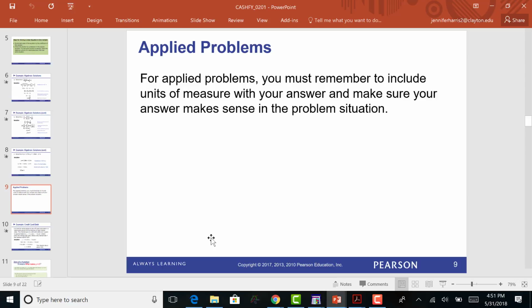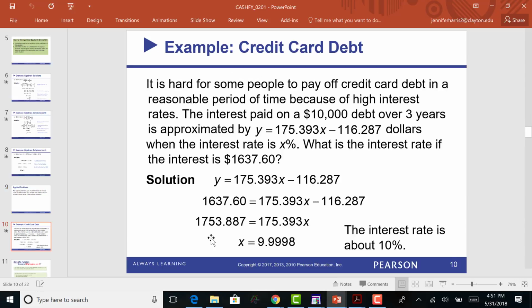Okay? We okay? Alrighty. So here is the next conversation. Is it hard for some people to pay off credit card debt in a reasonable period of time? And if that happens, is it because the interest rate is high? Yes.